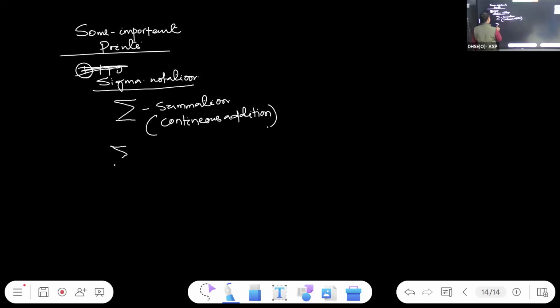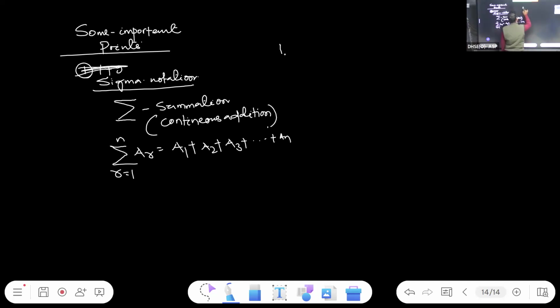Sigma r is equal to 1 to n a_r means if you take r is equal to 1, it will be a1 plus a2 plus a3, and the last value of r is n, that is a_n. Sigma r is equal to 1 to n a_r is equal to a1 plus a2 plus a3 up to n.